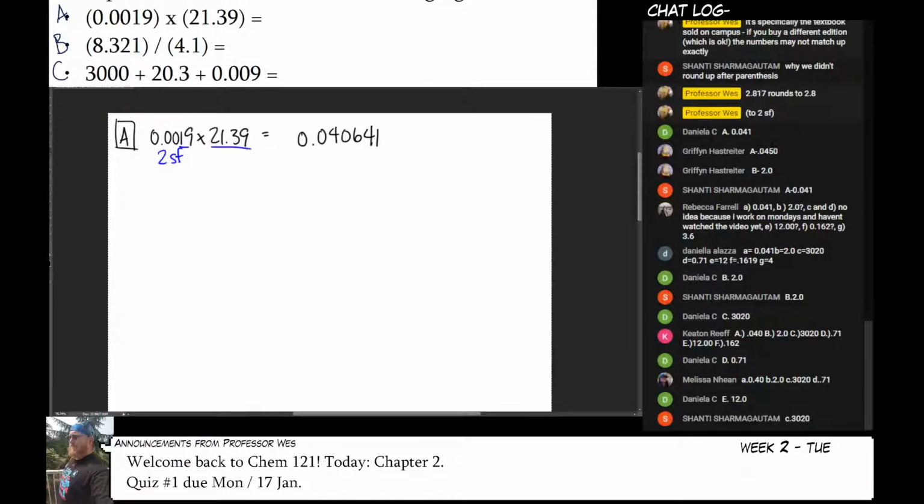The next one has 4 sig figs. I'm doing multiplication, so I want the smaller number of sig figs. So I need to take 2 sig figs. These are not sig figs, these are placeholders. I need to take this 4 and this 0 right here, and then I'm going to round up because the next digit is 6. So 0.041 is the correct answer.